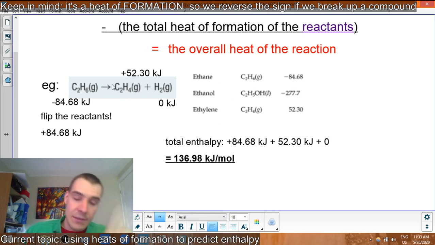Okay. So the big thing is to remember to flip the reactants. Here everything was just multiplied by 1, so that was fine.